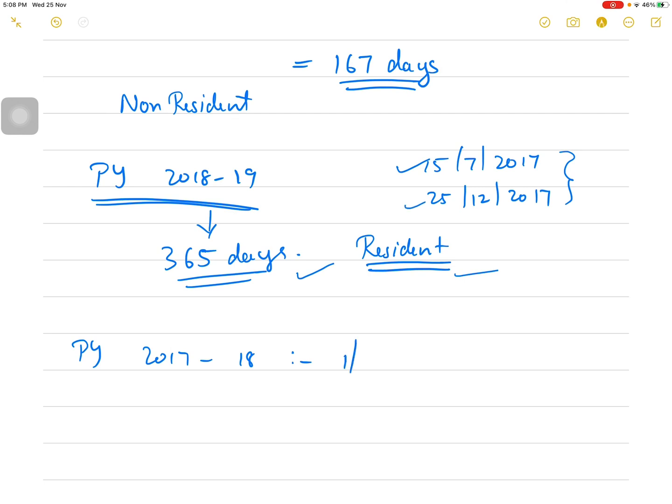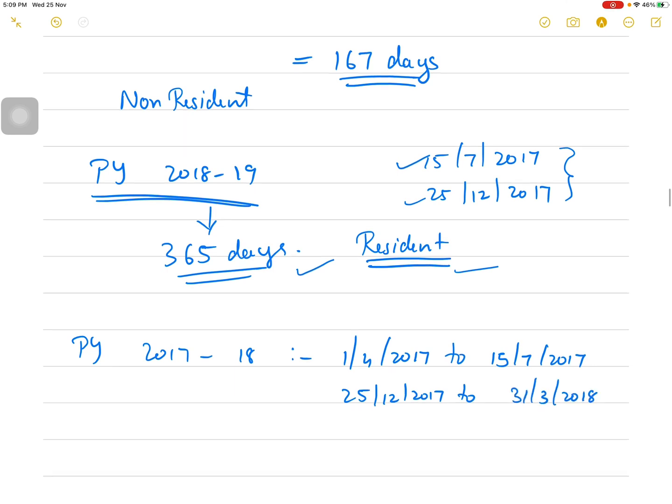That means from 1st April 2017 to 15/7/2017 he was in India, and from 25/12/2017 to 31st March 2018 he was in India.